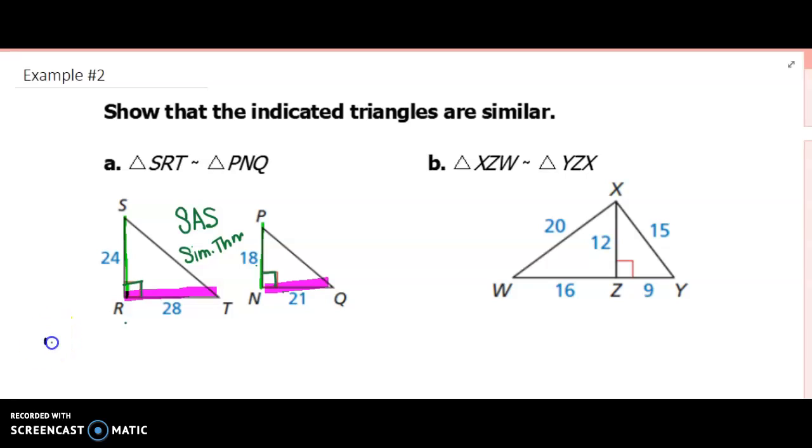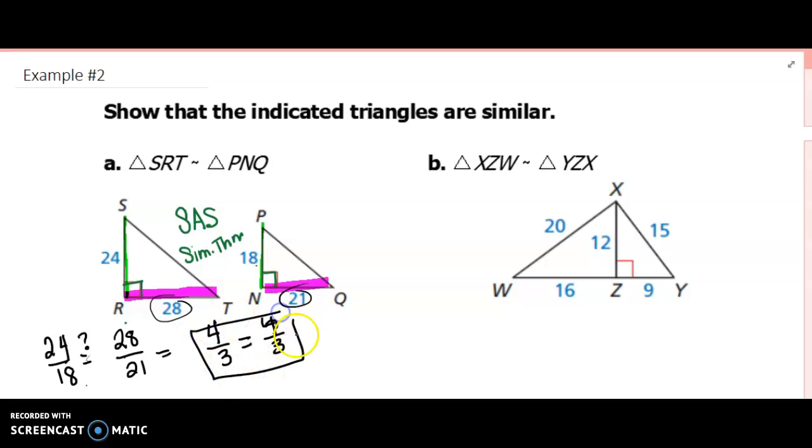Okay, so I can say is 24 over 18 equal to, and I'm going to put a question mark, 28 over 21. So 24 over 18, this is 4/3. 28 over 21 is also 4/3. So yes, they are.